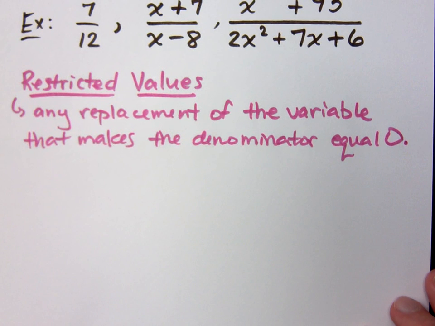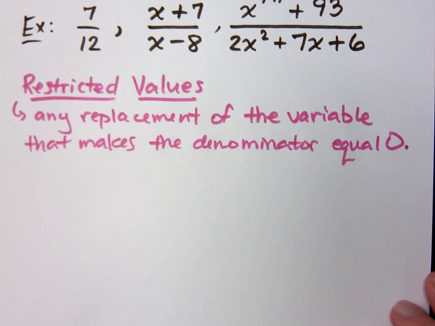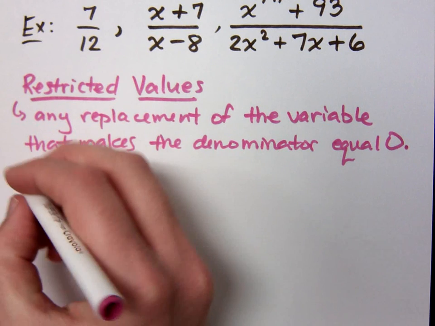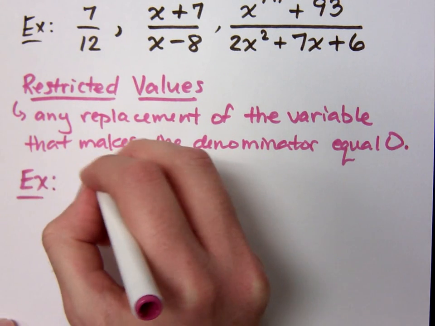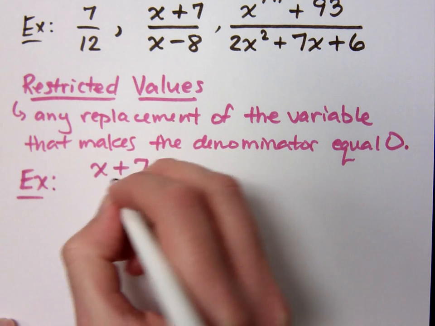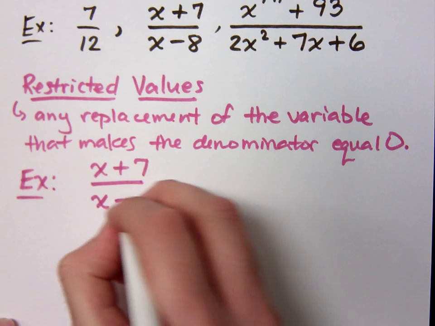Why did we say we don't want the denominator to equal 0? It would make the whole expression undefined. If I look at one of the examples of a rational expression and examine it further, I have x plus 7 over x minus 8.